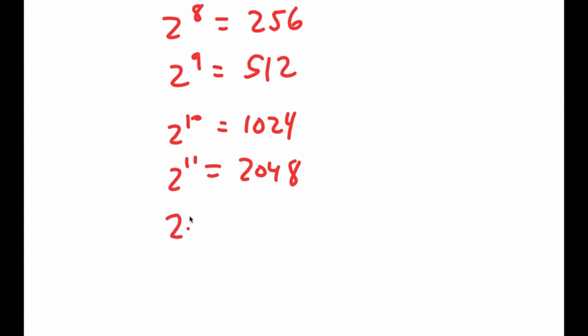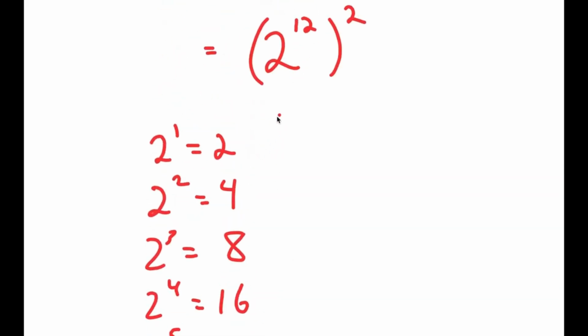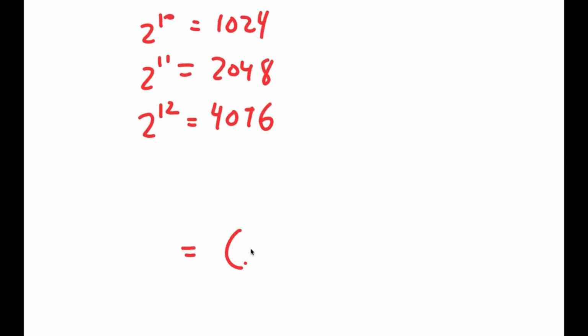Until I reach 2 to the power of 12, which is equal to 4,096. So this is my value for 2 to the power of 12. So now I get 4,096 squared.